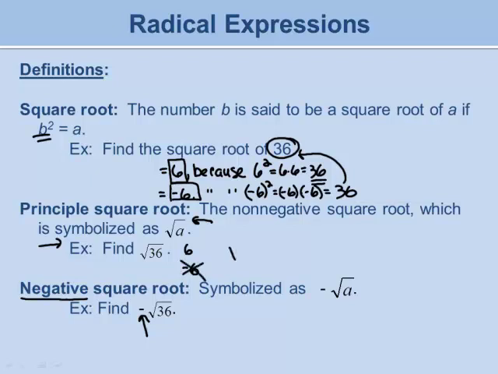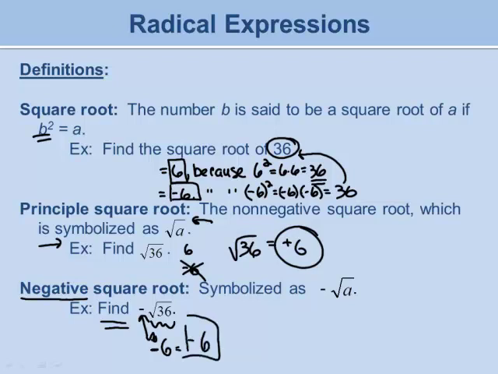So the square root of 36 is the positive answer only. If we want the negative one, then we'll ask it like this: find the negative of the square root of 36. The square root of 36 by definition, if you use that radical symbol, is the positive value, but if you take the negative of it, that is going to give you a final answer of negative 6, as shown.